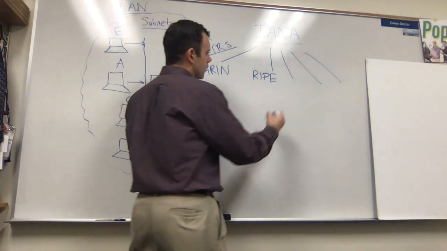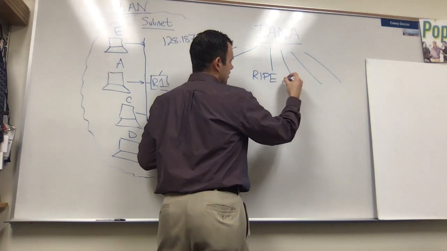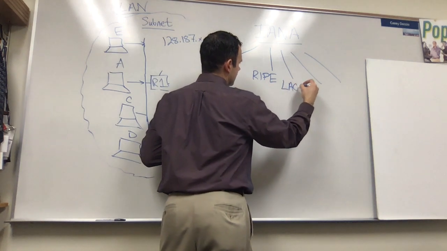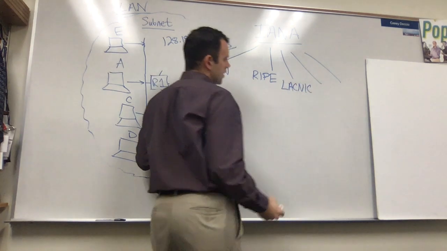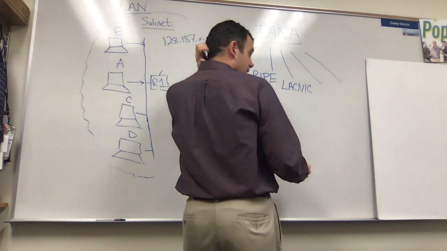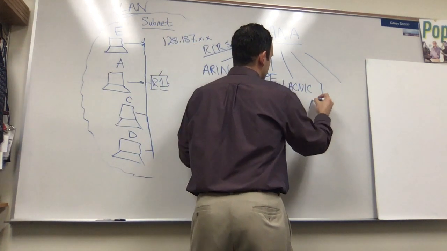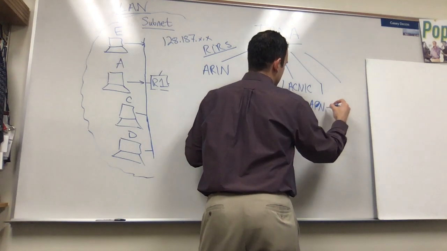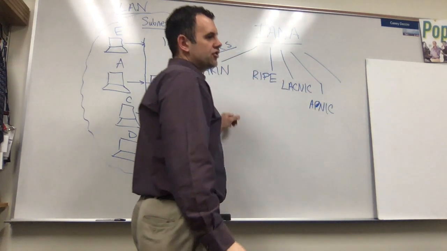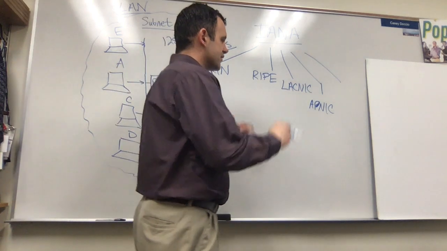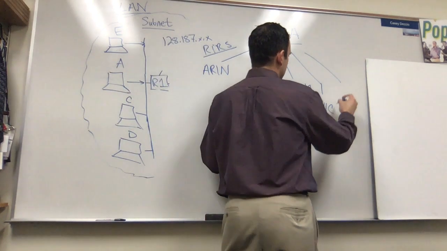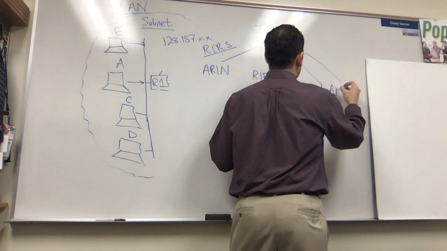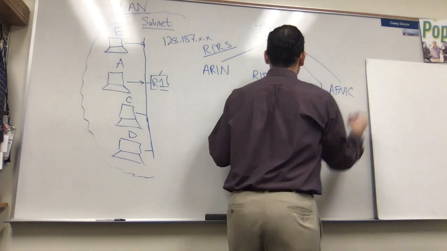There's one for the Latin American region, called LACNIC. There is one for the Asian Pacific region, which we call APNIC, and that covers Australia, China, Japan, and all those areas in the Asian Pacific region. And finally for Africa, we have AFNIC. So these are the 5.